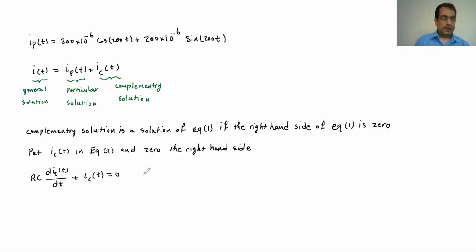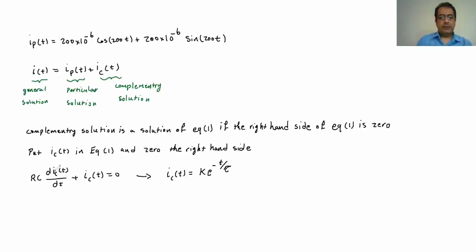We always know that this i_c(t) would be K e to the power of negative t over tau.